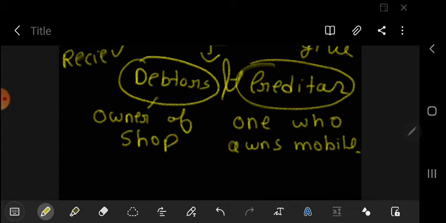Okay, but according to my view and my opinion, these concepts are very important for understanding further accountancy in an easy way. Okay, so please note it down, keep it in your mind. This will be very much helpful in bifurcating the different kinds of transactions regarding the debtors and creditors.